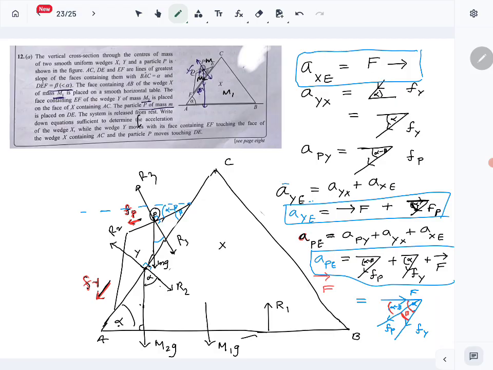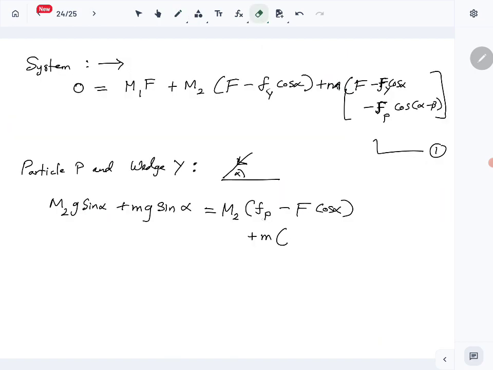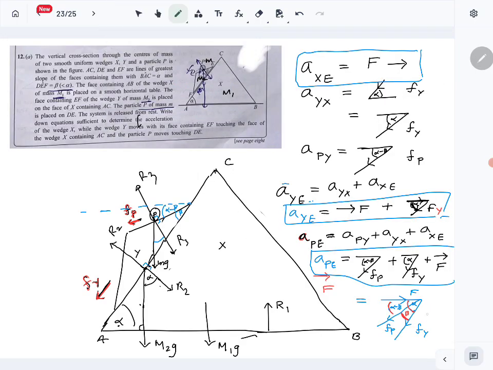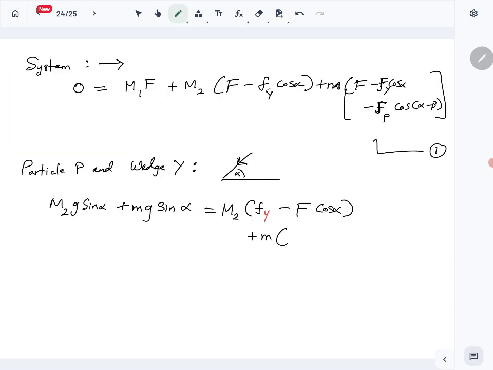Okay, now we can figure out the acceleration in this Fy direction. This is Fy, not Fp, so we have to correct here also. This is Fy. We want the acceleration of this particle m in that direction.